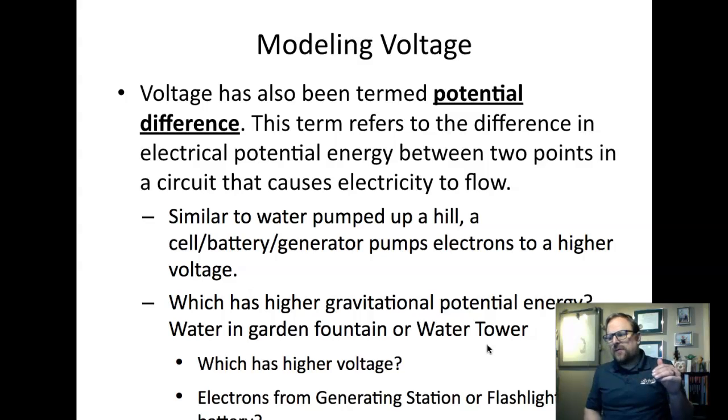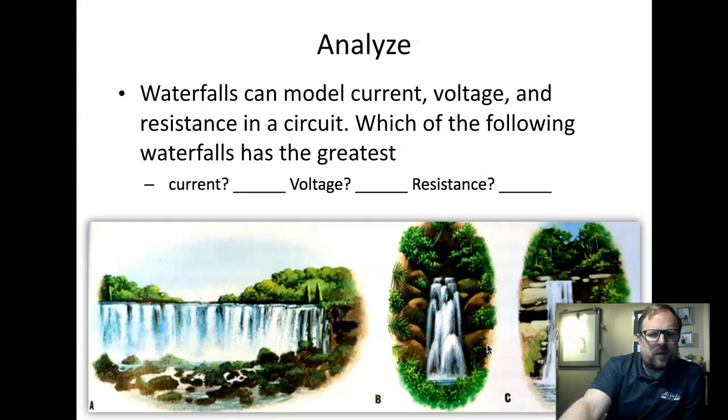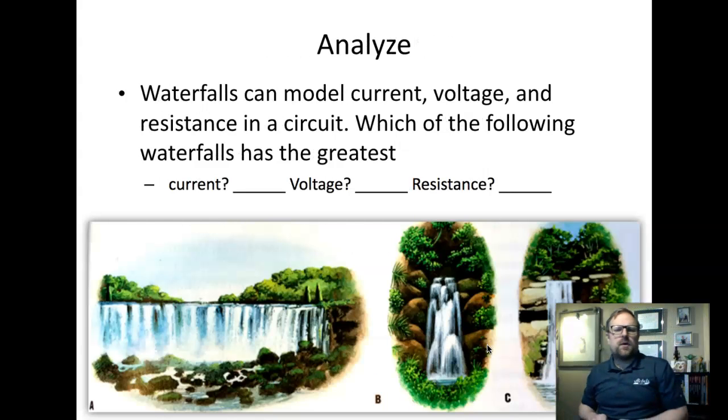Versus if you have very high voltage, you've got lots of pressure, lots of potential difference. That means those electrons are going to have lots of stuff pushing at them to move them through whatever circuit.